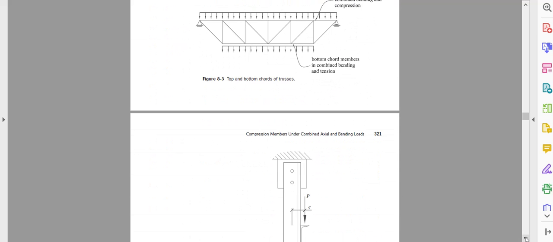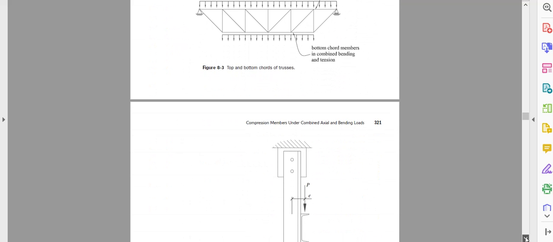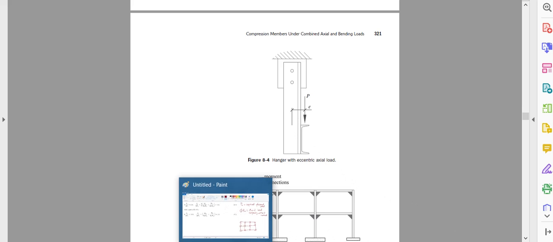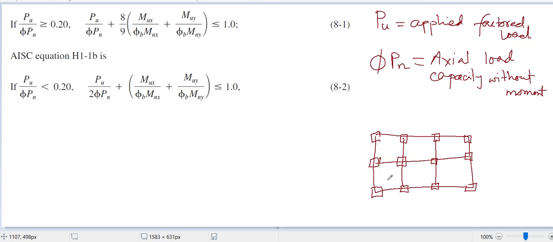And how moment may come inside a beam, inside a column. One example is here. If there is a girder or beam connected here, and that applies some load, then there will be some moment this way. Also I drew a figure here.